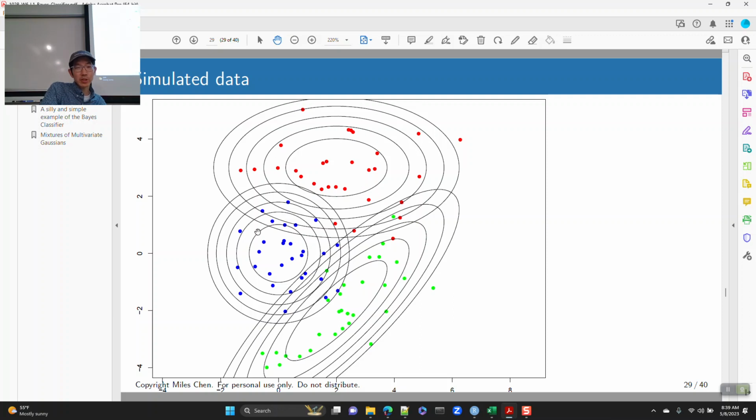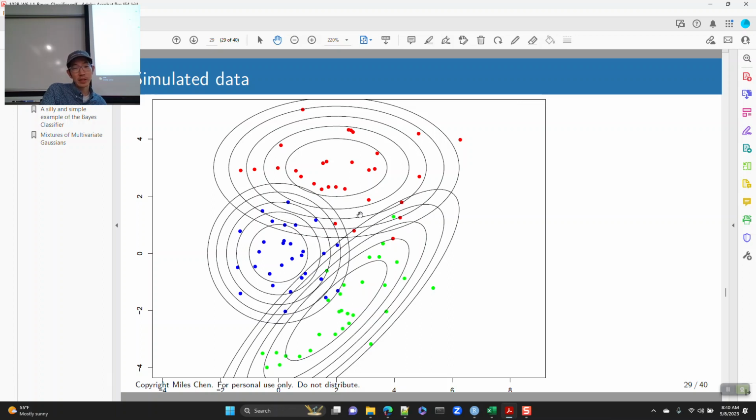So these are the true density lines. This one is centered at 0, 0, with variance of 1 and 1. This one's centered at exactly 2, -2, and this one's centered at 2, 3. And I colored the points based on which class they were generated from.